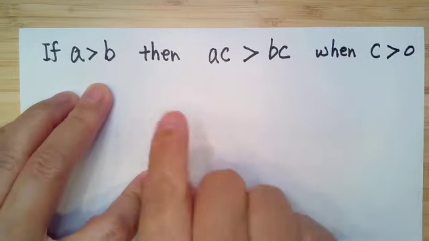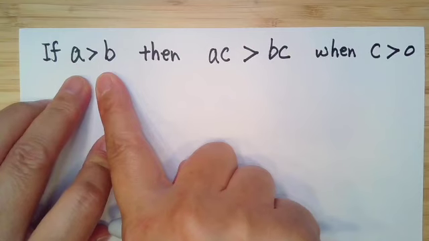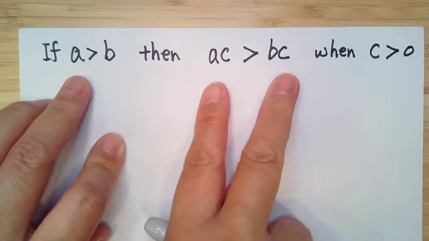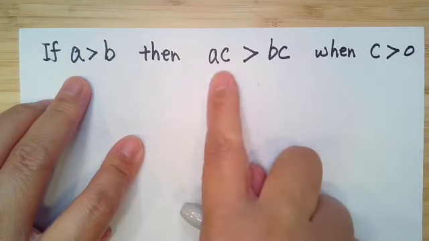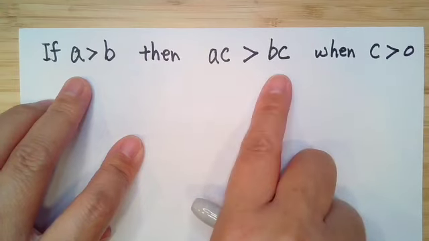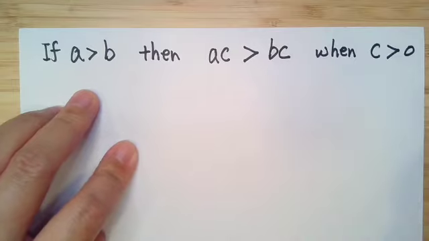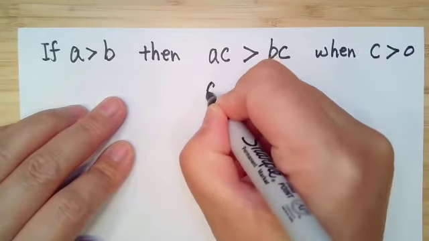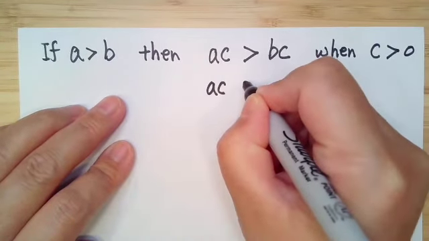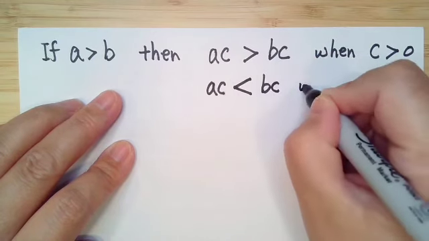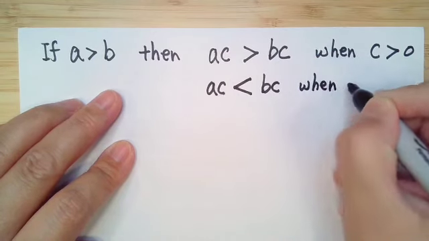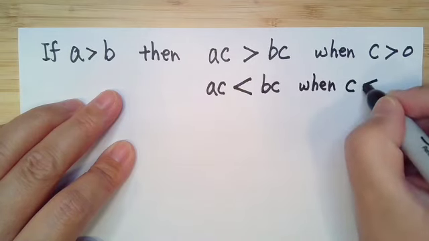So that means you have an inequality, and for both sides you can multiply by a positive number. You keep this sign, and then you have another inequality. But be careful here, AC will be less than BC when you multiply by a negative number.